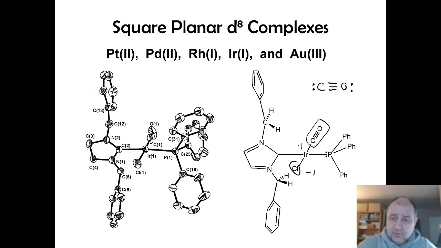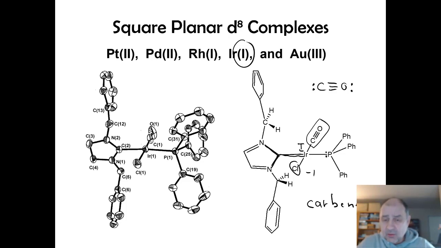And so if iridium is indeed +1 in there, then this interesting ligand here, which seems to have a carbon with only 6 electrons, but again, I told you that we don't really indicate that there could be a potential double bond. But this is going to be something very unusual. It's called a carbene, and we will have some slides on those.